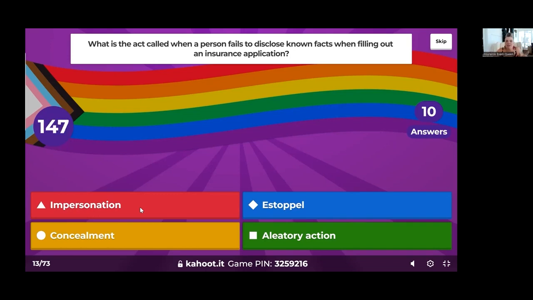When you have four choices, three of these things could be completely made up. Aleatory action isn't even a thing. Aleatory is, but not aleatory action. They're just throwing you off.